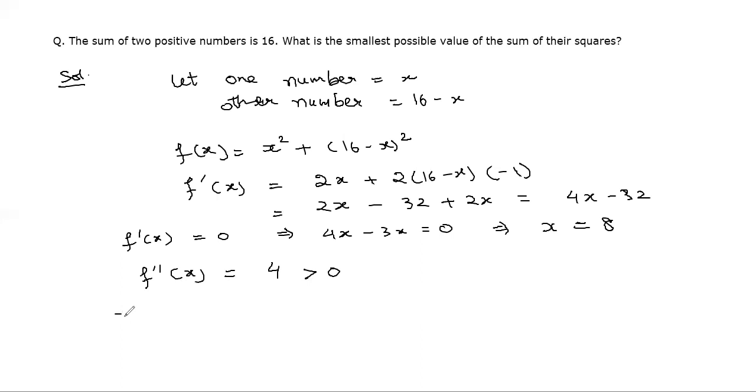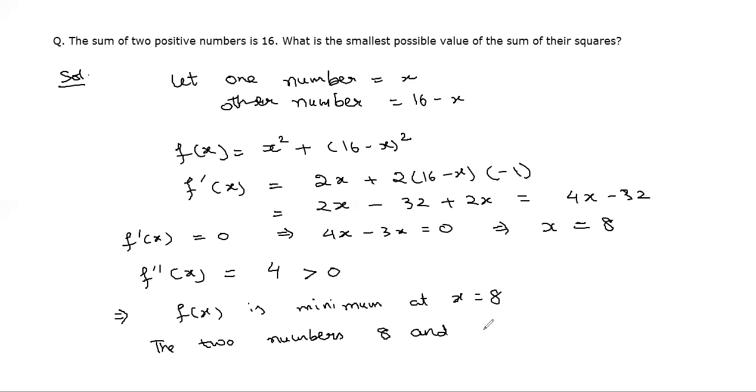So it means that f(x) is minimum when x is 8. So our two numbers are obtained. The two numbers to fulfill this condition are 8 and 8 respectively. The other number is 16 minus 8, which is also 8.